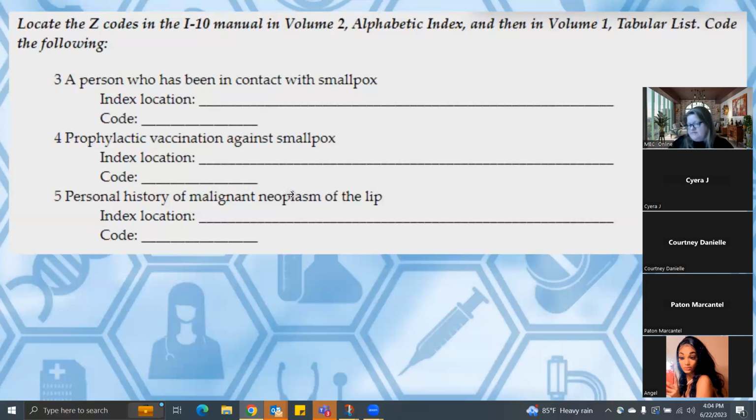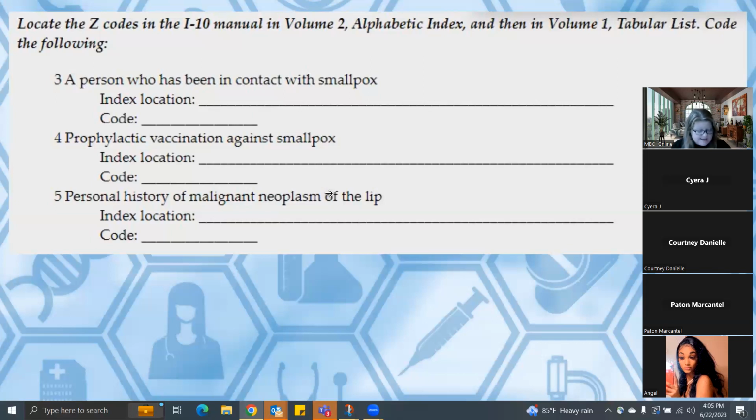Let me grab my manual real quick and get to that page. Give me just a second. Okay, all right.